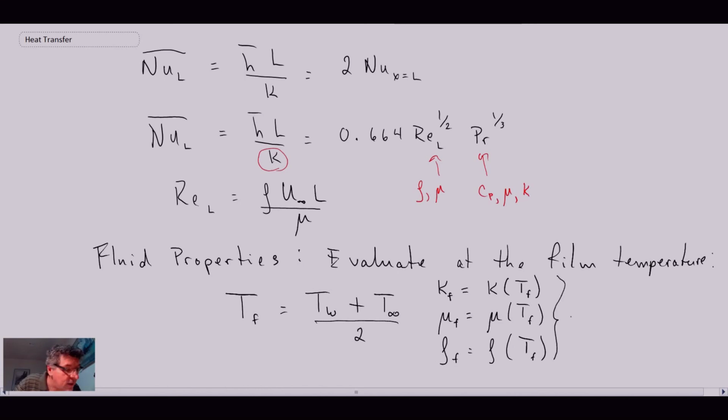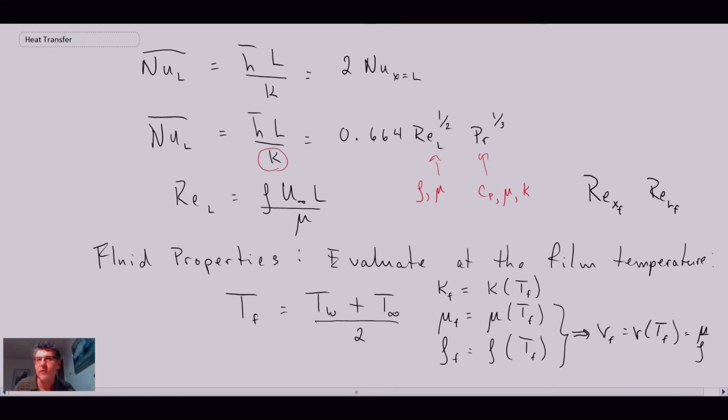You combine these two and you go to the kinematic viscosity instead of the dynamic. And you might see this, which is essentially just the ratio of mu over rho. Sometimes you'll also see Re x with a little f or Re L with a little f.